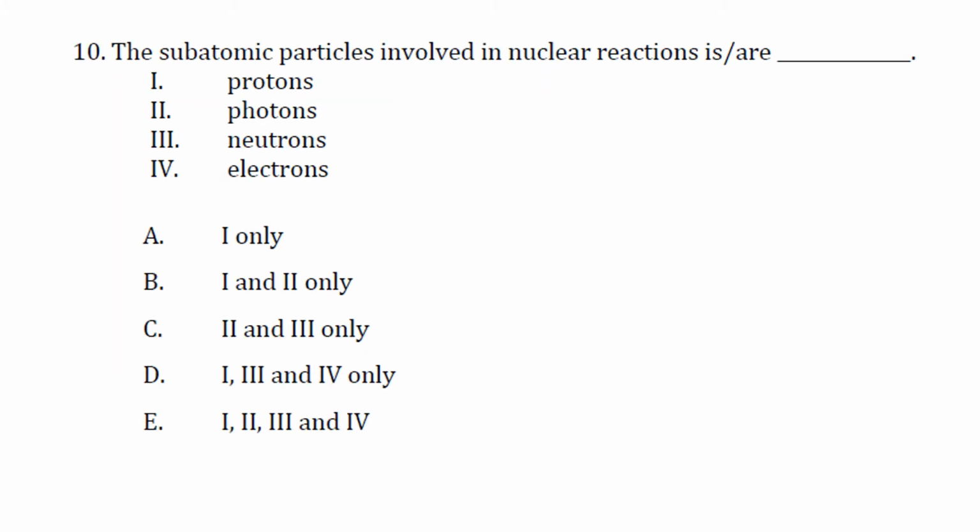The subatomic particles involved in a nuclear reaction are... Protons are involved in a nuclear reaction, and photons are not subatomic particles. When we say subatomic particles, that refers to protons, neutrons, and electrons. So when we talk about nuclear reaction, protons are involved in it.